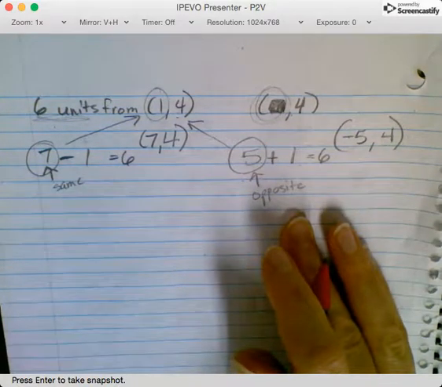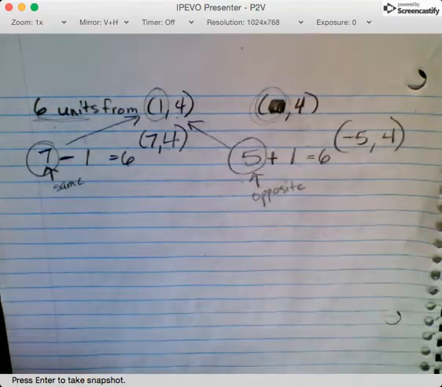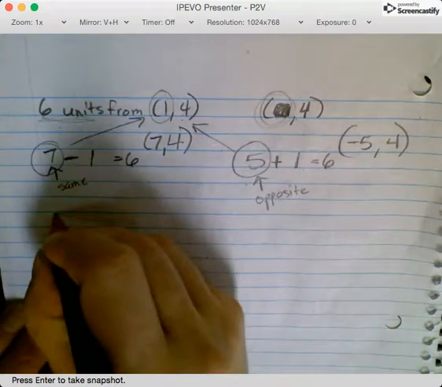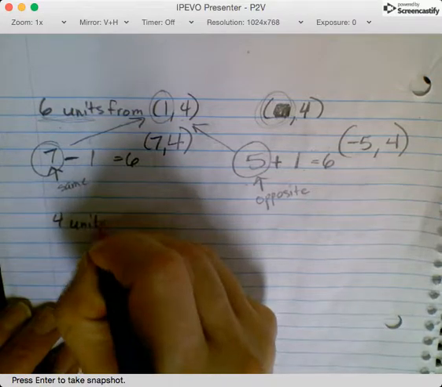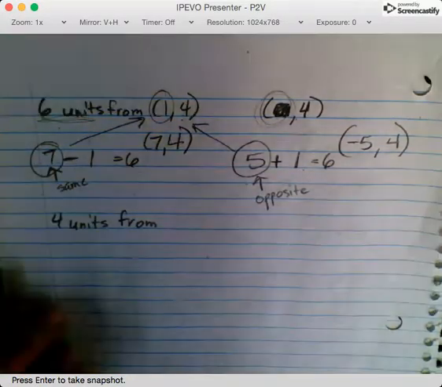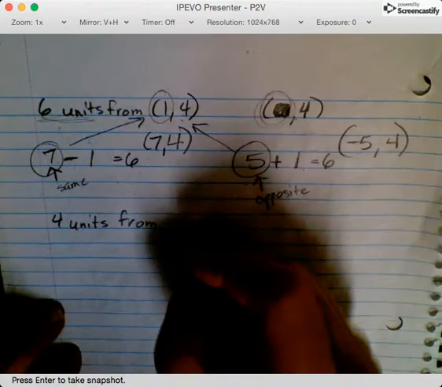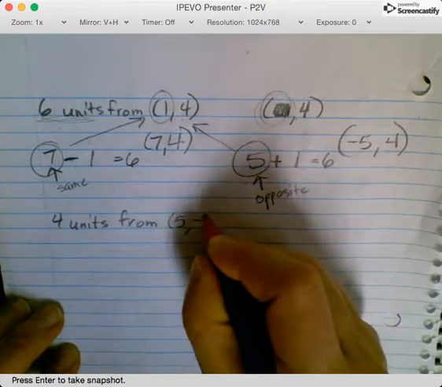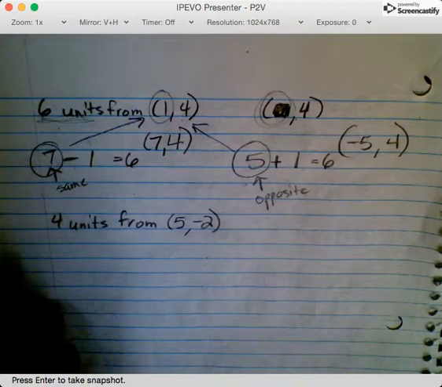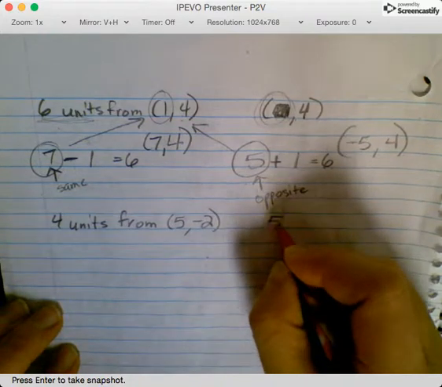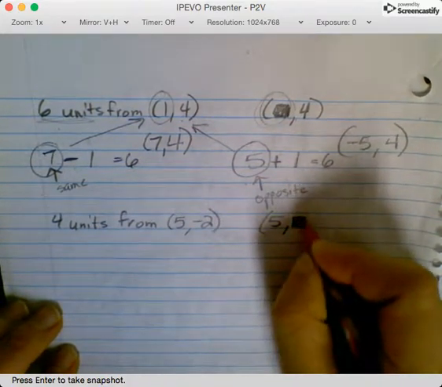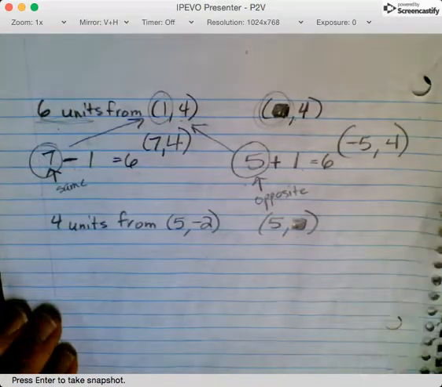I'm going to do another example, and then we're going to show you on a coordinate grid. One more example: 4 units from 5, negative 2. Instead of giving you the y value, I'm going to give you the x value and put a blank or an x or a question mark for the second value.